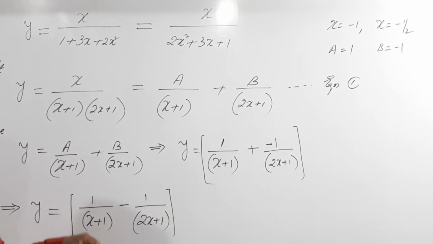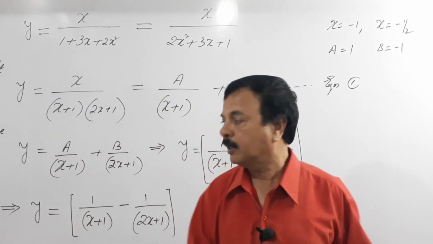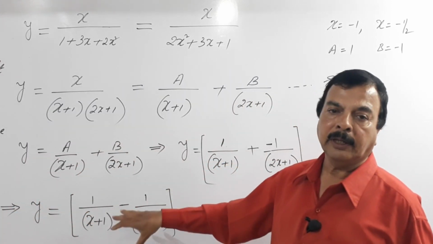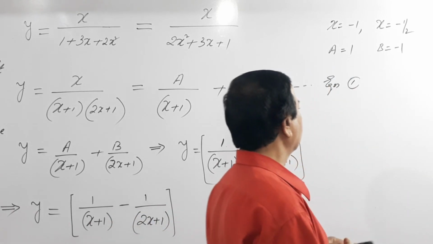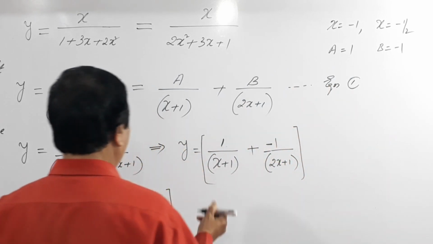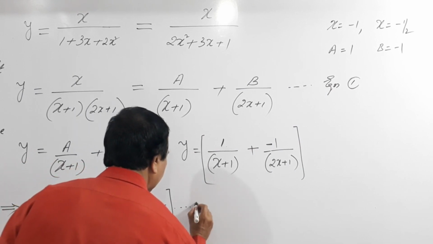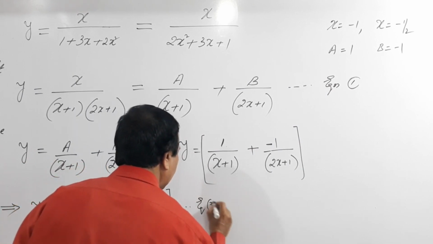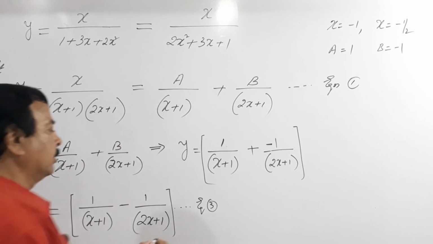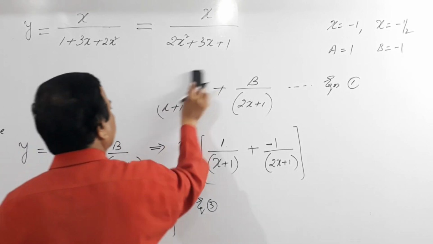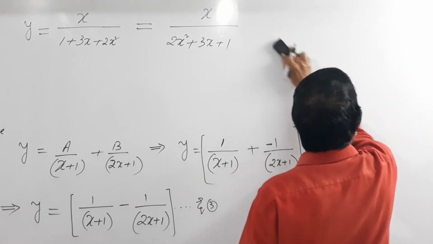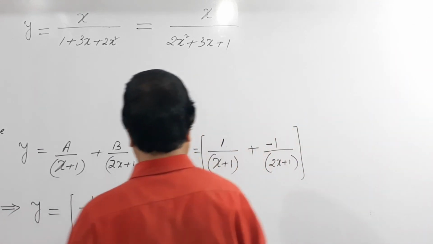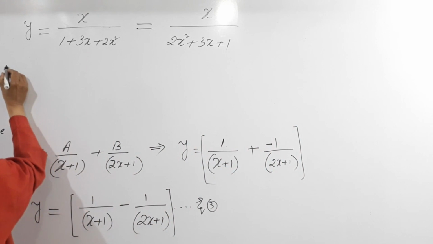So you followed. Now we have reached a stage where we can find the nth derivative of this. I call this equation 3.